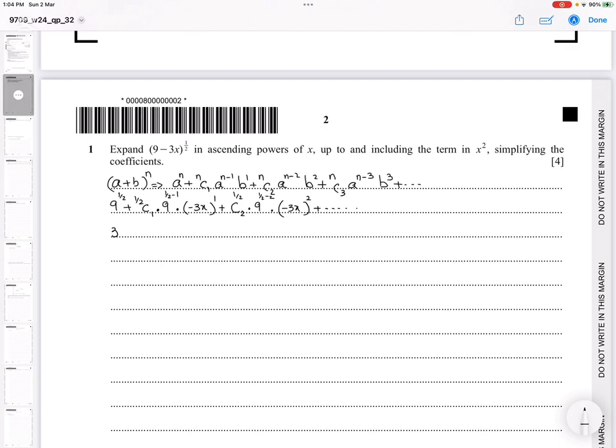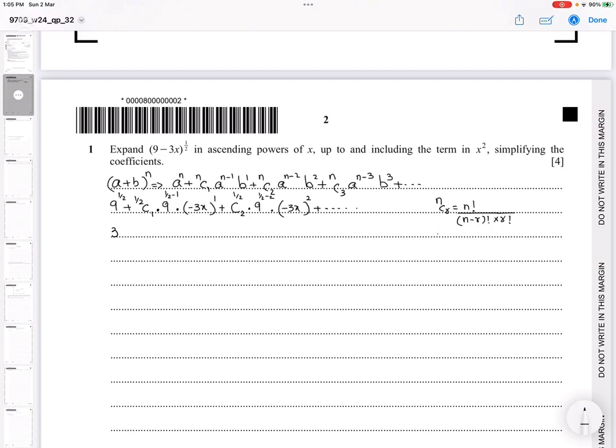Okay, let me try to explain this. nCr equals n factorial over (n minus r) factorial times r factorial.